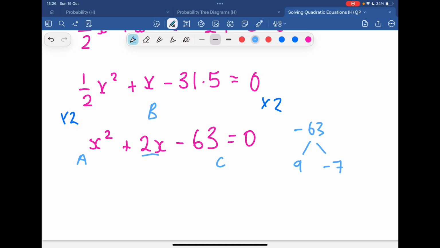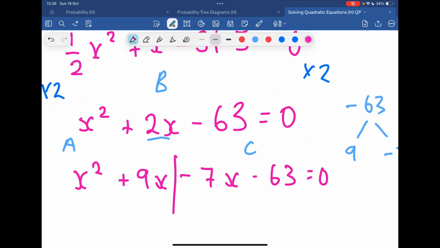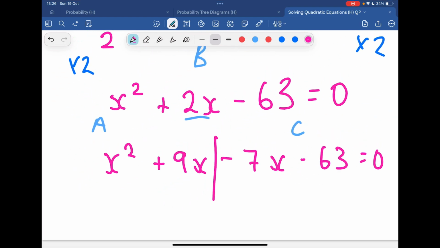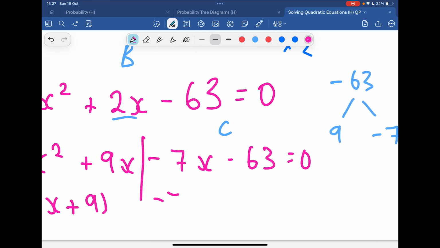So I'm going to split up this 2x term into 9x minus 7x. So I'm going to have x squared plus 9x minus 7x minus 63 equals 0. I'm going to factorise this. I'm going to take out an x term here. It's going to give me x plus 9. And then here, I'm going to take out a negative 7. And this is going to give me x plus 9.